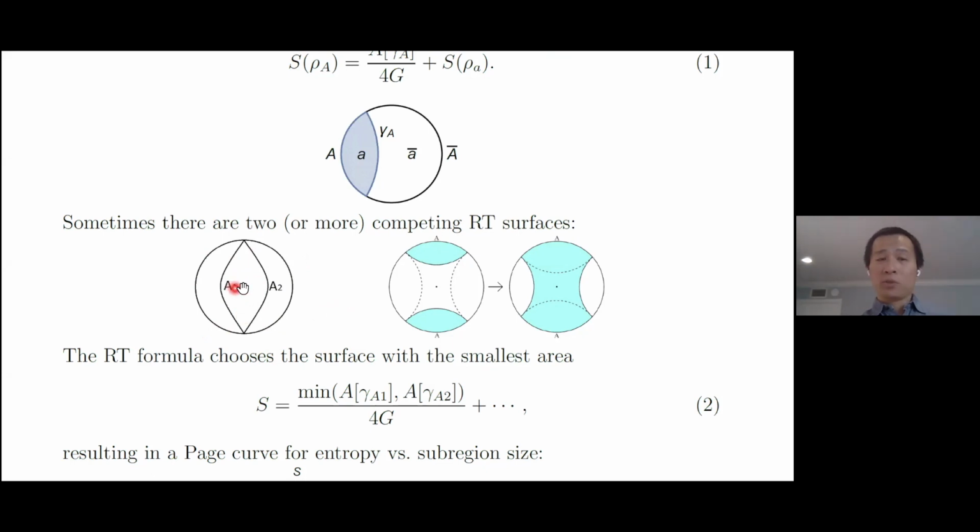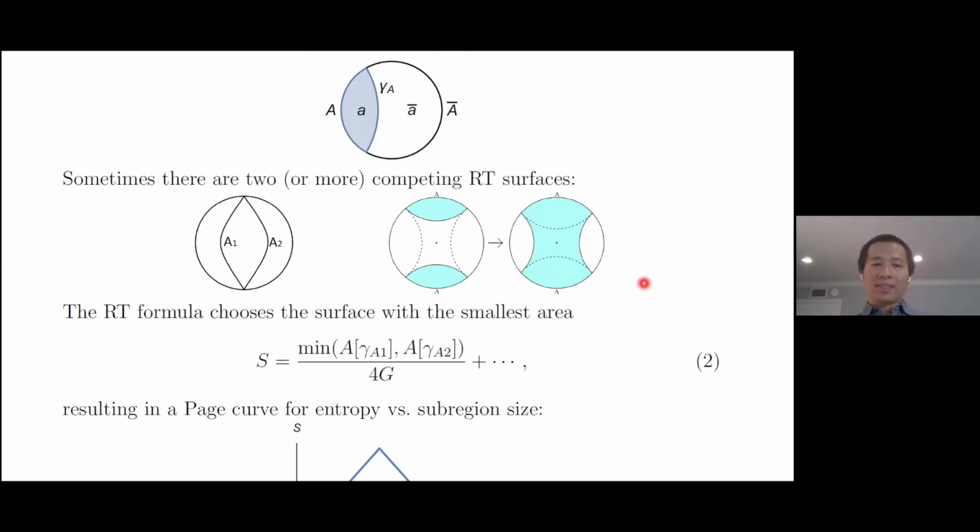That results in two possible extremal surfaces that go either to the left of the massive star or to the right of the massive star. You can also take an example where we have a disjoint region which consists of a top piece and a bottom piece in this picture. And there are two competing RT surfaces because there is a disconnected topology and a connected topology. So they compete.